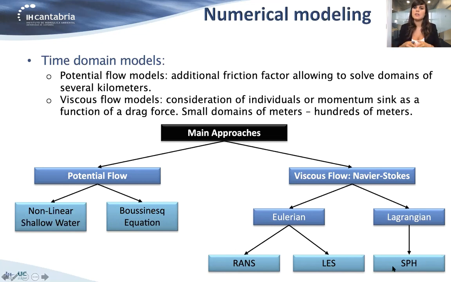Lagrangian approaches usually model the ecosystem individuals, avoiding parameterizations but implying high computational costs. Of course, the computational domains that can be resolved by the two groups are different, moving from a few kilometers for potential flow models to meters for Navier-Stokes models.